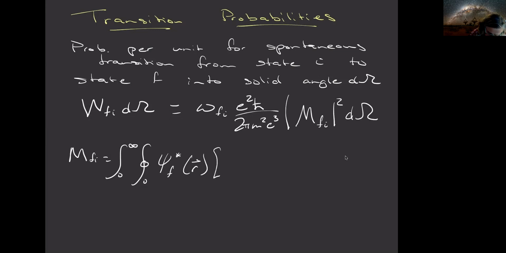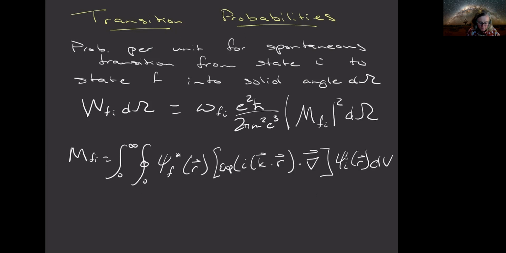times an exponential, which is e to the i k, where k is the wave number for this radiation, times r, and I'll explain how those come about in a minute, dot grad of the initial wave function of r, integrated over a volume. And you might recognize that we can associate this grad with the momentum operator.